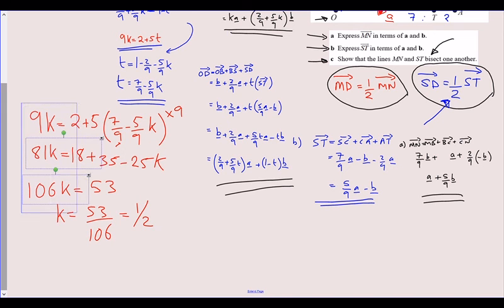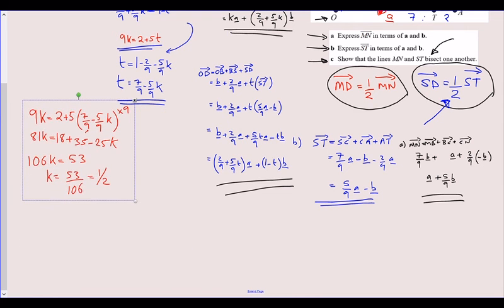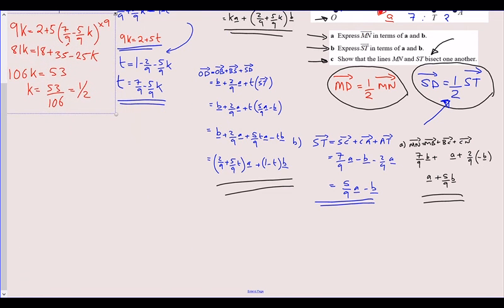Brilliant, that's looking good. Put that to one side up there. I'll now substitute the value of k into one of the other equations. So I'll substitute it into this equation here. So I've got 9 times a half equals 2 plus 5t.